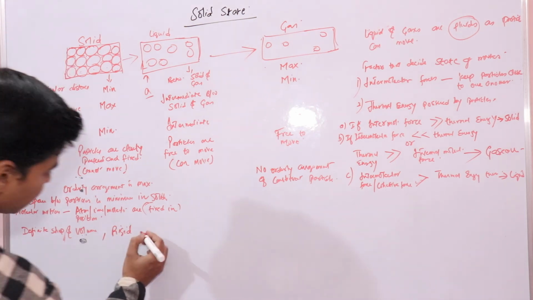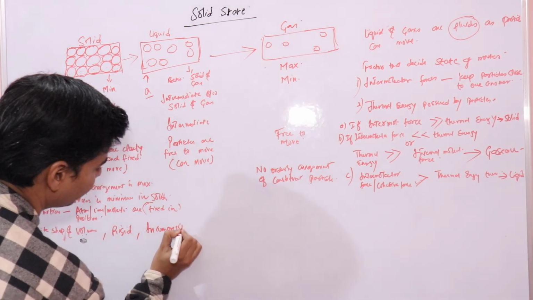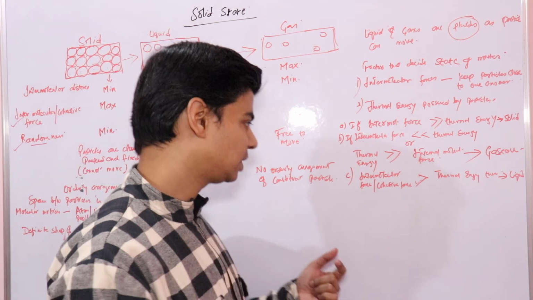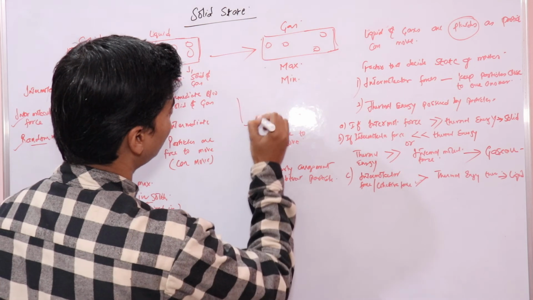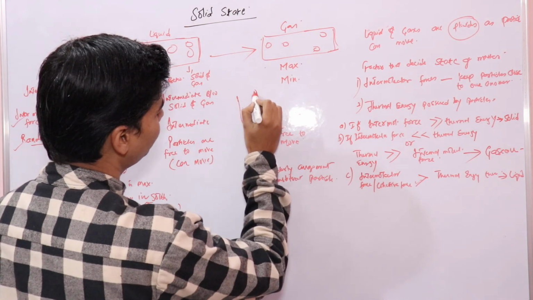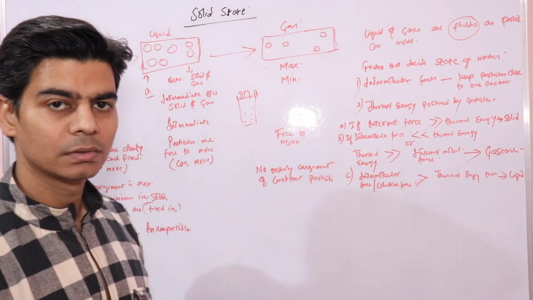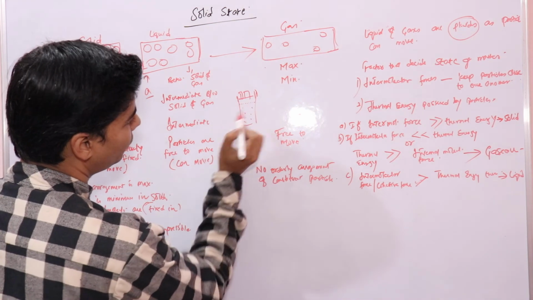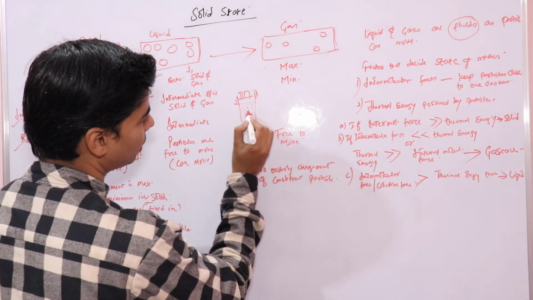And they are incompressible. Solids are incompressible. What could be the reason? You might have studied experiments where a container has gas particles in it, and you can compress this gas by applying high pressure. The gas molecules come close to one another.